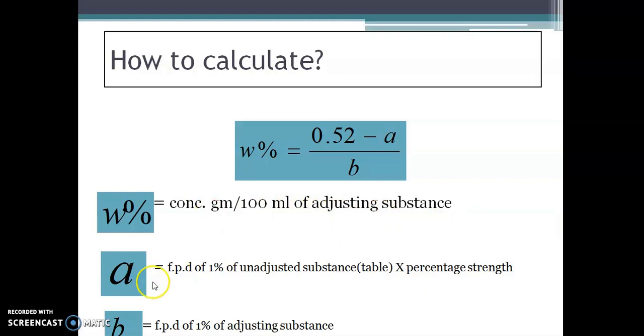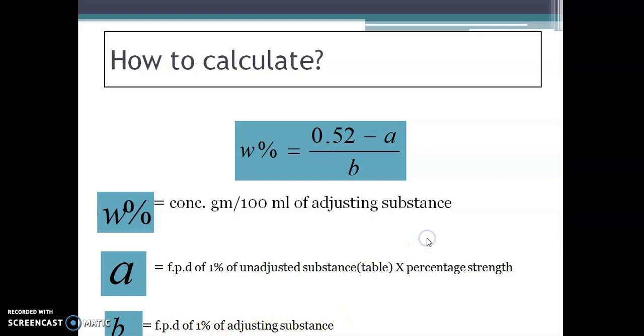A is the freezing point depression of 1% of the unadjusted substance in terms of its percentage strength. B equals the freezing point depression of a 1% solution of the adjusting substance.